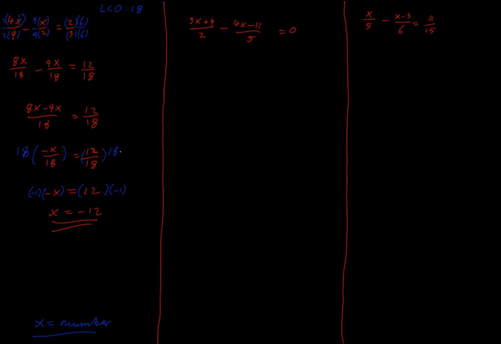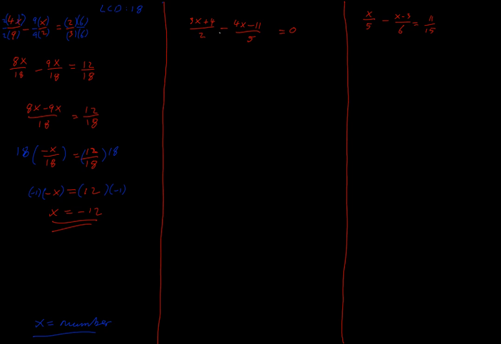Then I multiplied both sides of my equation by the lowest common denominator, by what everything was divided by. That means that I effectively get rid of my fractions, because I have 18 divided by 18 and 18 divided by 18 that's equal to 1. So I get rid of my fractions by multiplying both sides of my equation by my common denominator. And that's going to be the pattern for all questions going forward, no matter how complicated the algebra gets.